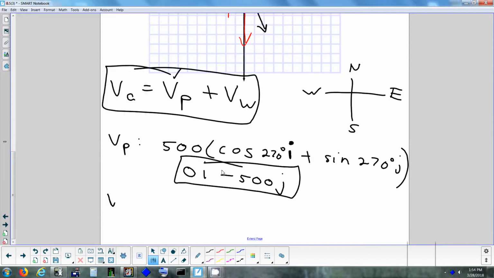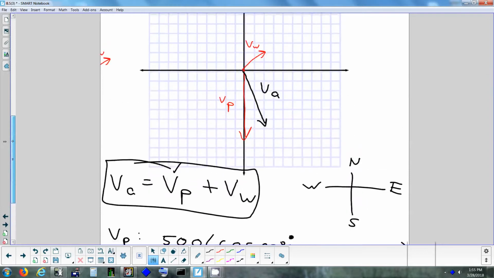Okay, anyone think they can set up the cosine sine expression to find the vector for the wind? Oh, Gracie? Would be 80. Yep, so she started with the magnitude, that's perfect. Now the only thing she needs is the angle.